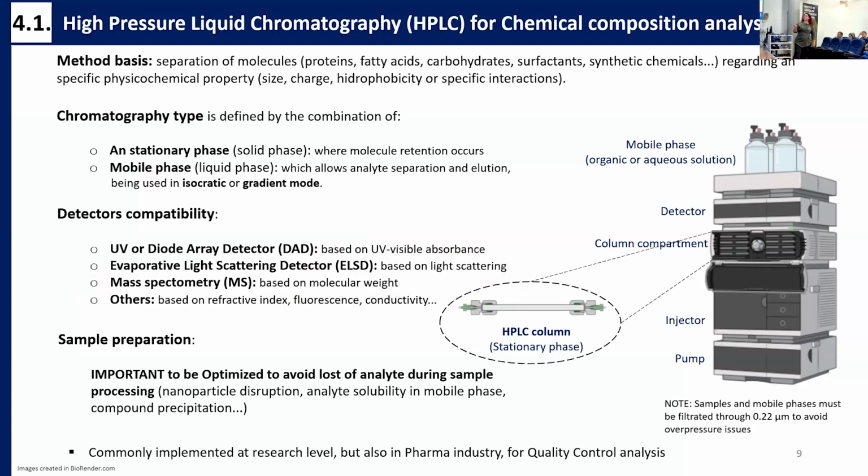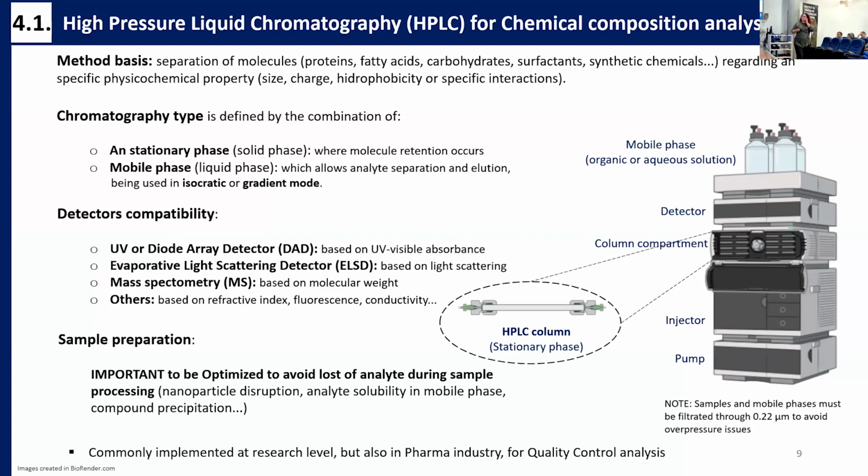It is also interesting to say that these equipments can be coupled to mass spectrometry in order to analyze the molecular weight of our samples. This is also a great opportunity to have another approach related to the identification of a compound in case we don't know its molecular structure.